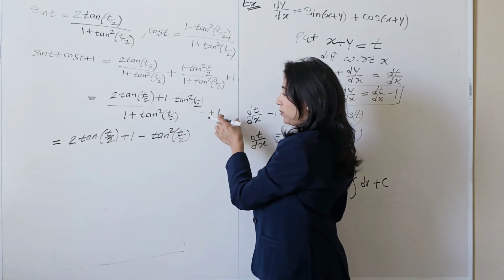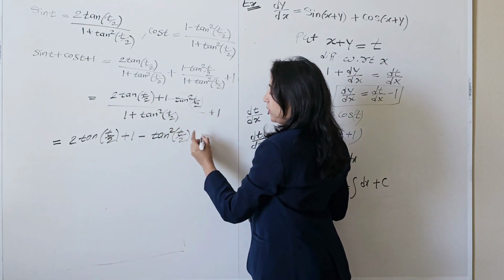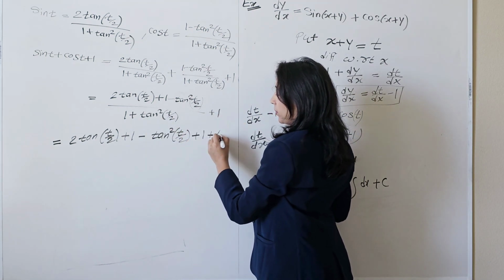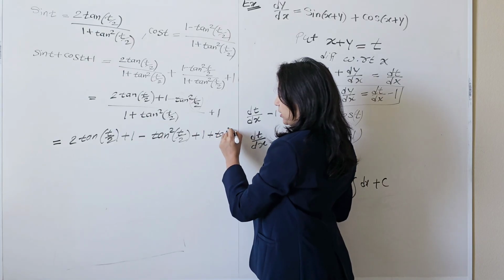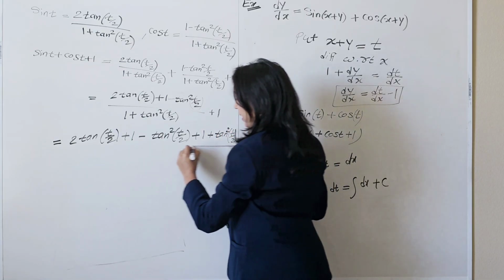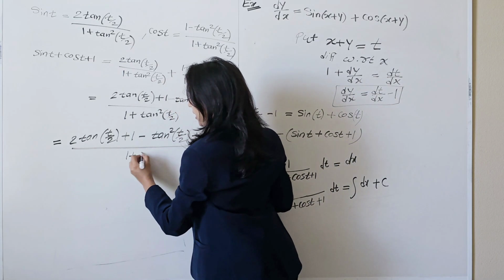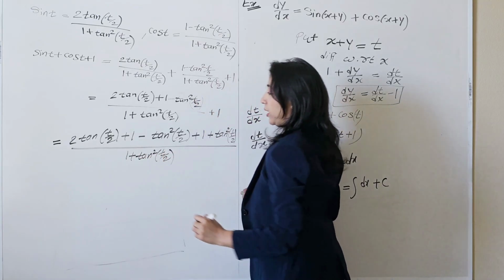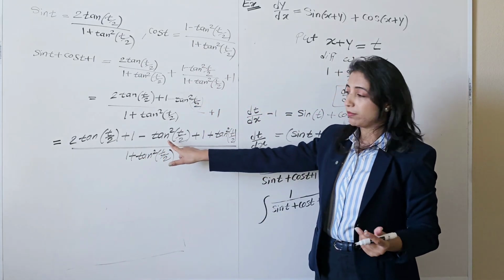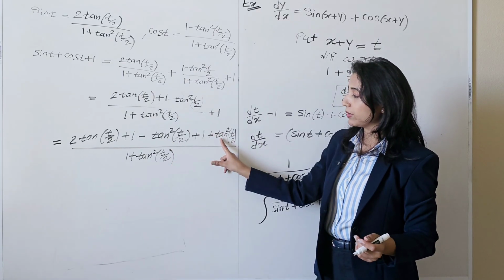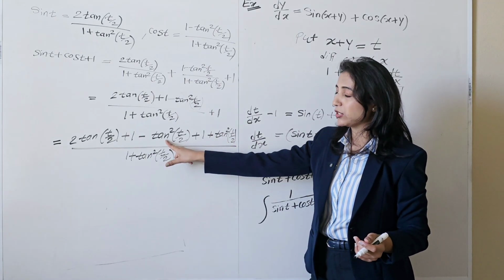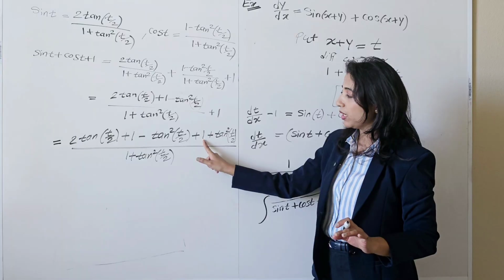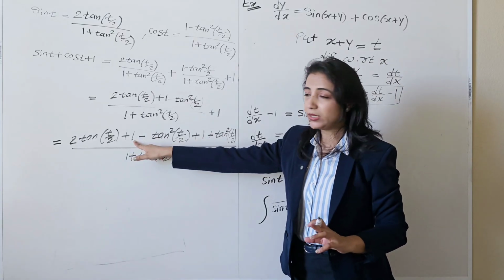Now this term you have to multiply with 1, so we will get 1 plus tan²(t/2), and the whole is divided by 1 plus tan²(t/2). Now similar terms you can subtract: plus tan square minus tan square is 0, plus 1 plus 1, so it is a 2.